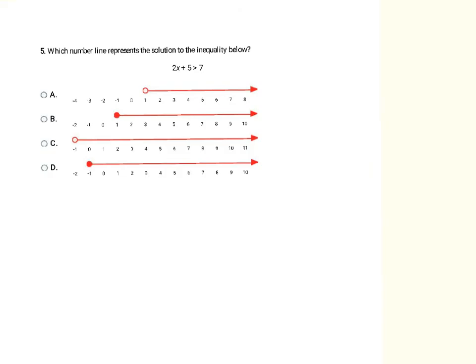Here it's going to be an open dot because it doesn't have the equal to part. So I know instantly I can get rid of B and D with their closed dots. I'm looking for something that says all answers above 1. So here it's going to be letter A, because the open dot is above 1, whereas in C, the open dot is above negative 1.